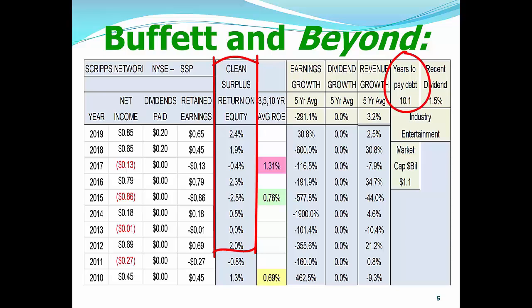And if we look at the debt, it has way too much debt, twice as much debt as we want in any stock that we buy into. So Scripps Network is not going to be a stock that we will look at any further. With the clean surplus return on equity of just 2.4%, projected for 2019, it is way below the average stock in the S&P 500. So Debbie, let's go right to the next stock.